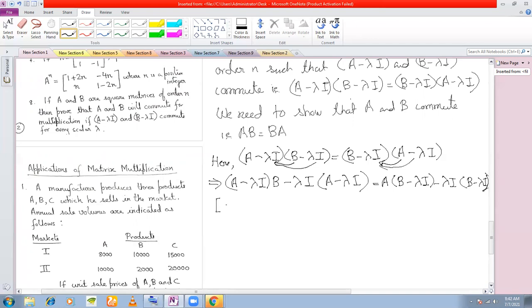This is because of the distributive property with respect to multiplication. Let me just mention here, left or right, which one are we using? Left distributive property or right distributive property? Right distributive property.